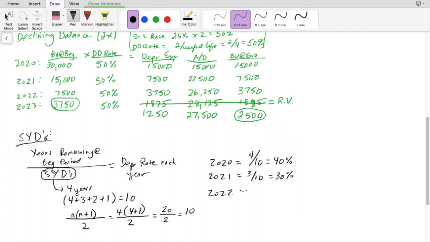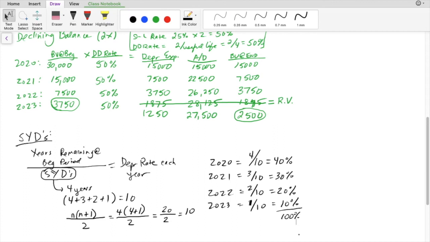In 2022, 2 years remain, so that is 20%. And in 2023, 1 year remains, so that's 10%. And so in total, we should have how much? We should have 100%.